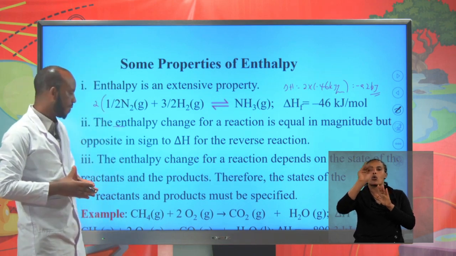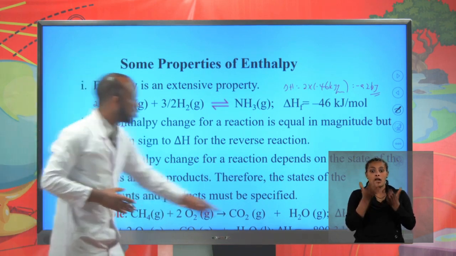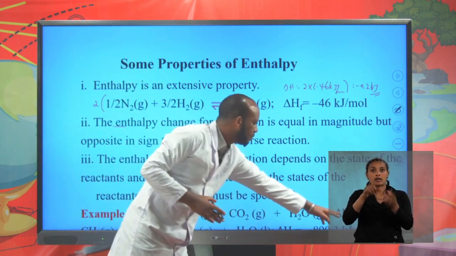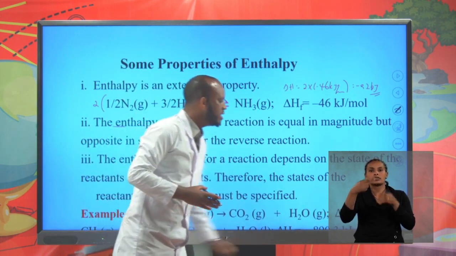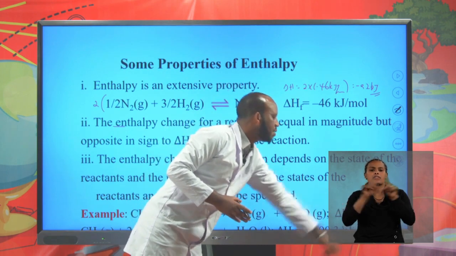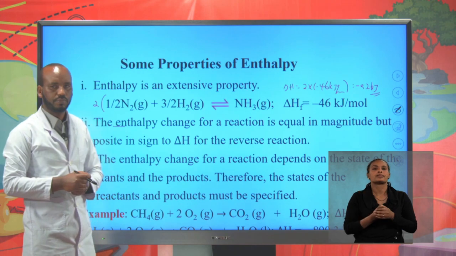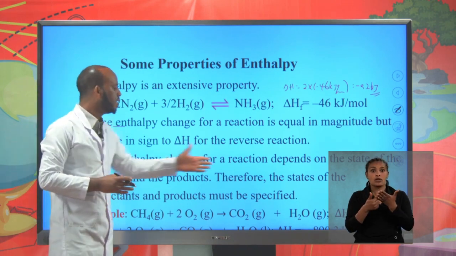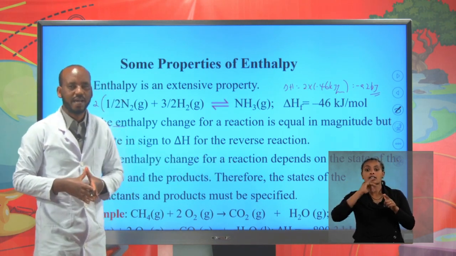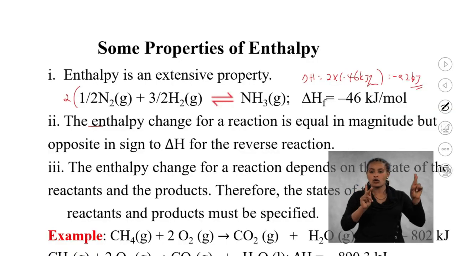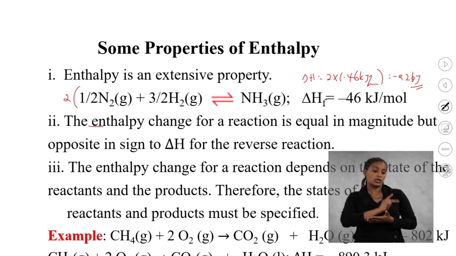You see? If the state of water is liquid, delta H of this reaction is different from minus 802 kilojoule. Therefore, enthalpy change depends on the states of reactants and products. These are some properties of enthalpy.